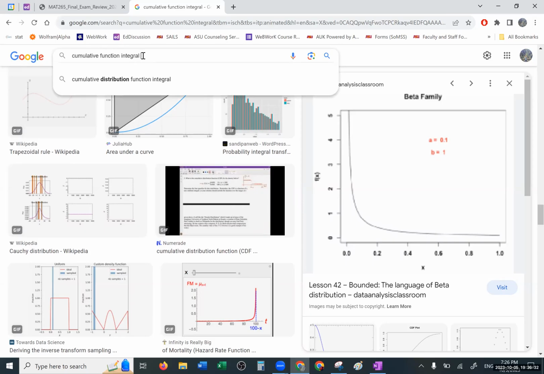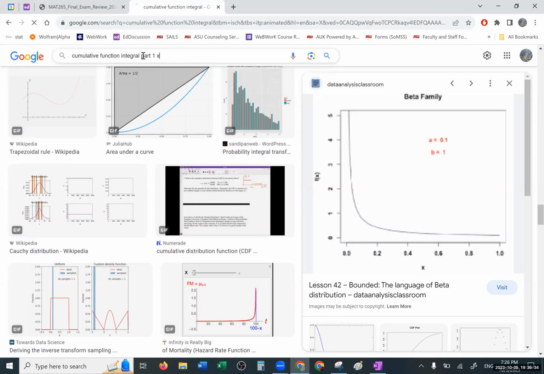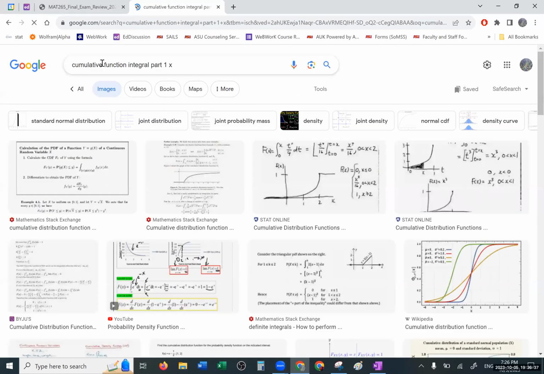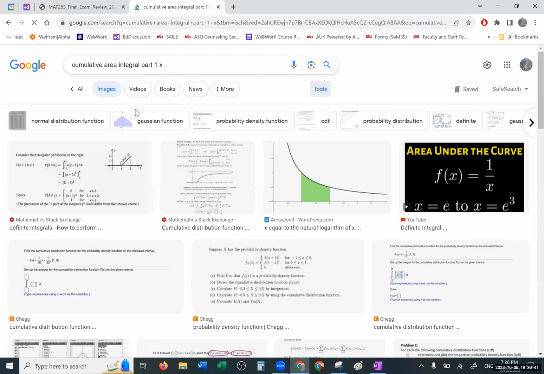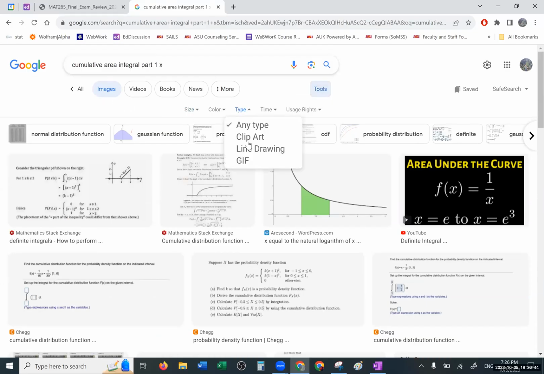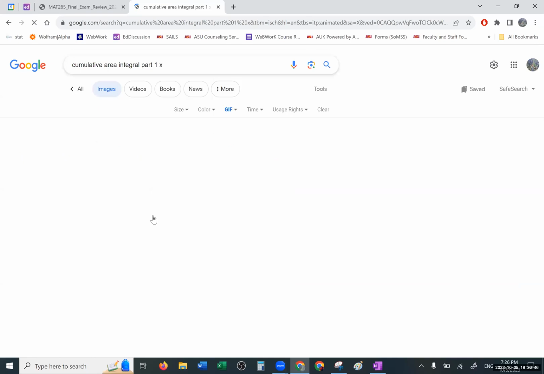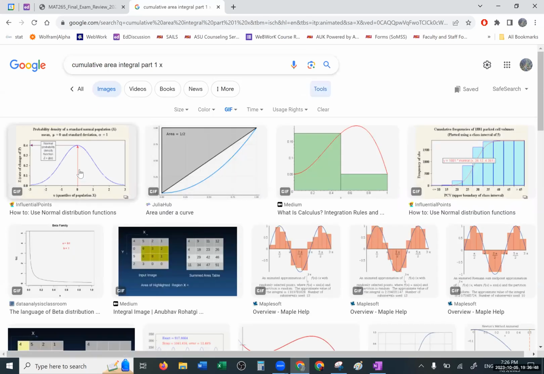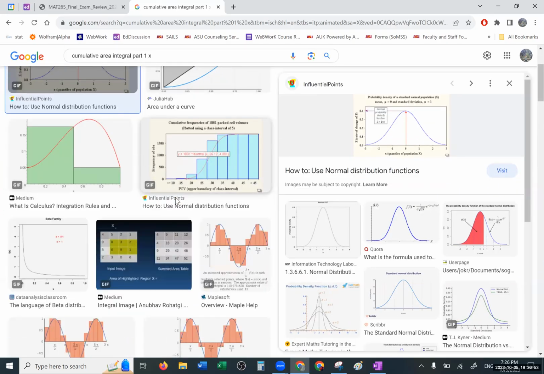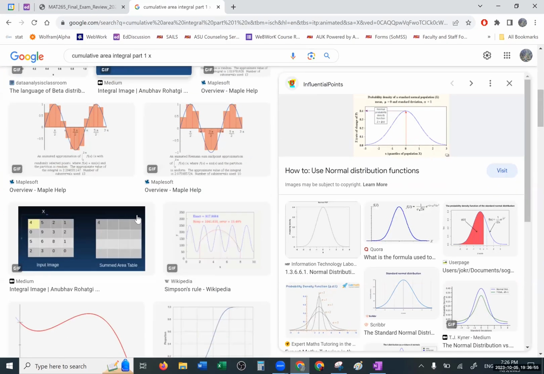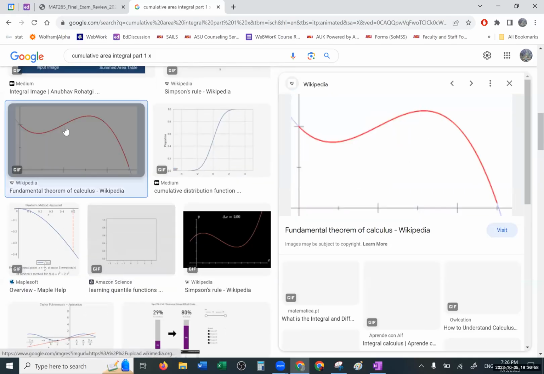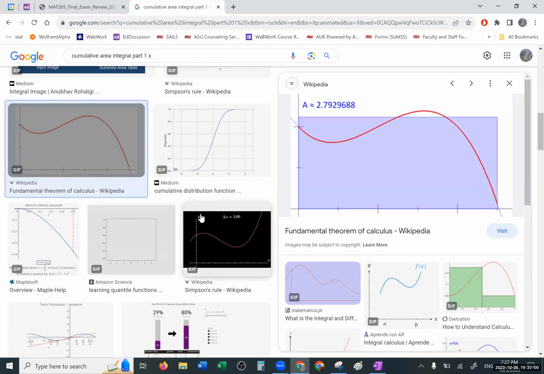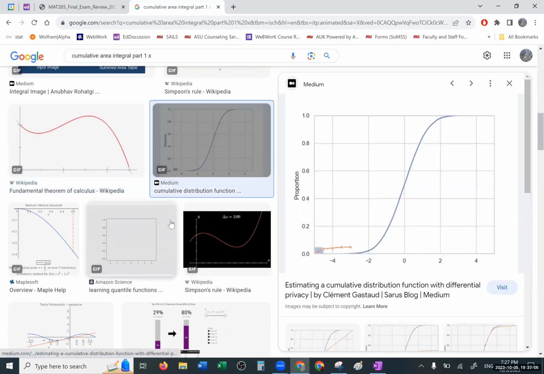Part 1, x. Maybe that will help. Oh, I should do accumulative area. Oh, that's good. That's usually helpful. I think it's that one, but it's not. Statistics. There's lots of applications, of course. Here, fundamental theorem of calculus. I think it's this one. No, that's areas. The more areas we have, the better it is.